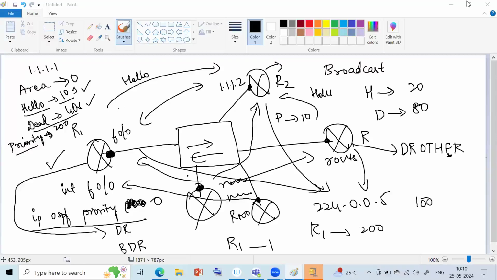So we have BGP as the next concept. Do you want me to continue with BGP? The next protocol that we have is BGP. Do you want me to continue? I think we want, if you show me the practical of the DR BDR.